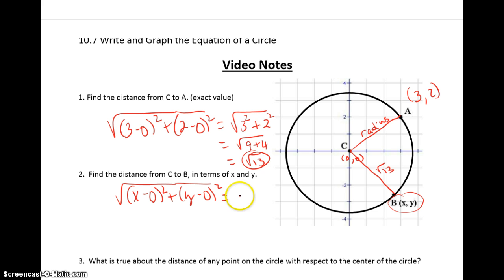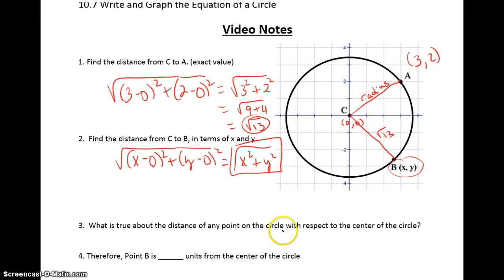X minus 0 is x squared plus y minus 0 is y squared. And there we have that distance. Now, number 3 says what is true about the distance of any point with respect to the center. Any point on the circle should be the same distance to the center. Therefore, number 4, point B is square root of 13 units away from the center.